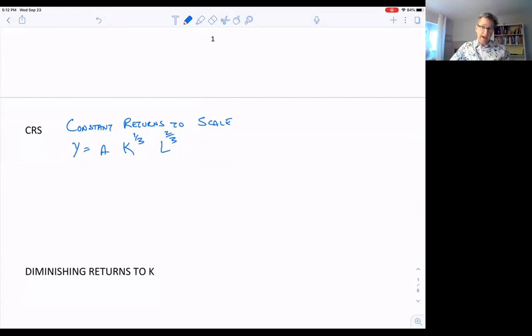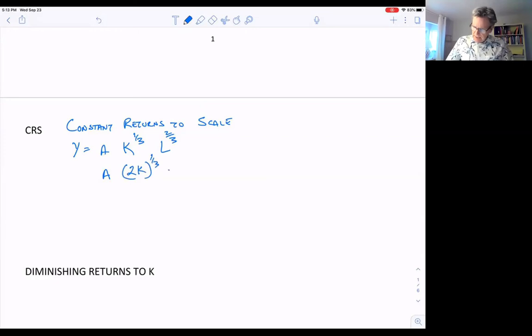We can show that it's constant returns to scale by just figuring out, well, what if we double capital and what if we double labor? Those are the inputs here. What will happen to output? Well, if we double capital, our inputs will be A times 2 times capital to the 1/3 power.